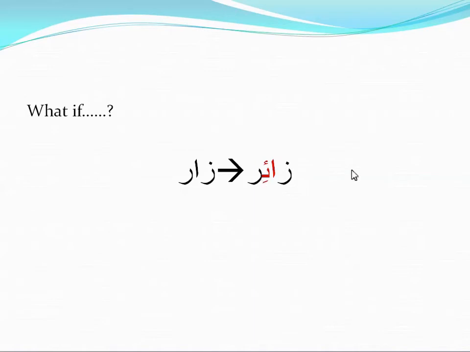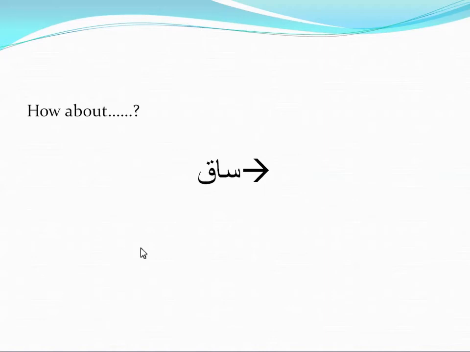Now the great thing is, once you've learned this pattern, it's going to hold for every root that has this long vowel in the center. So it's not just one exception. This za'ir pattern is going to work for everything.